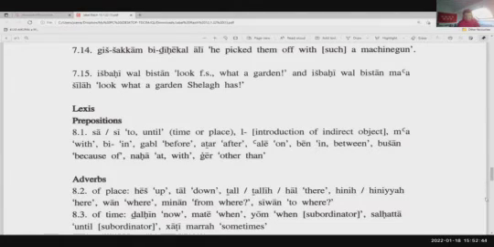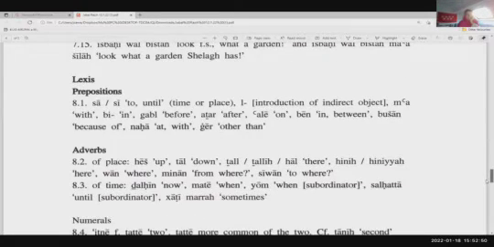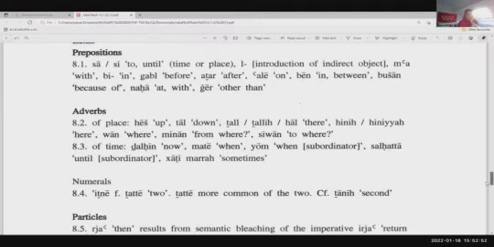The others are less interesting, except the L for the introduction of an indirect object. In terms of adverbs, we have hish, up, tell, down, fal, zali, or hal, there. Hini, hiniya, that's okay for here and where. Minen, from where. See where, that's obviously from a combination of see and an or when.